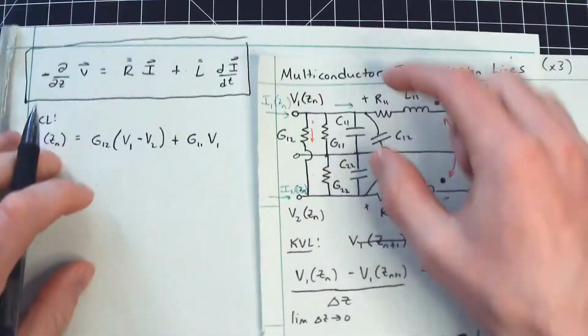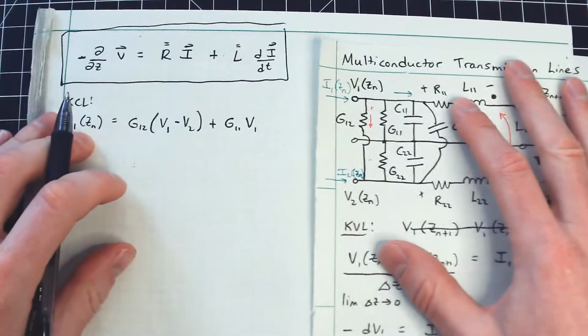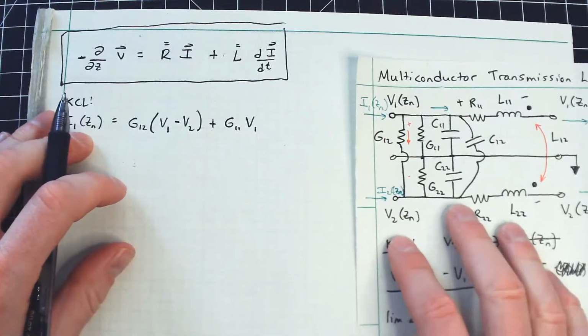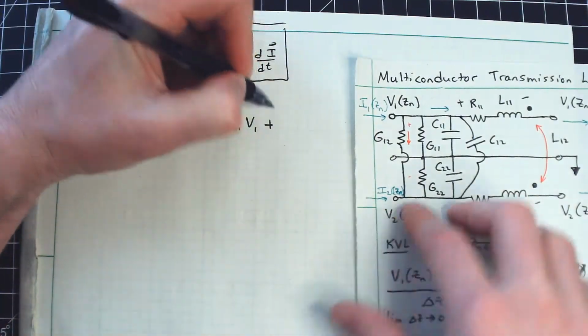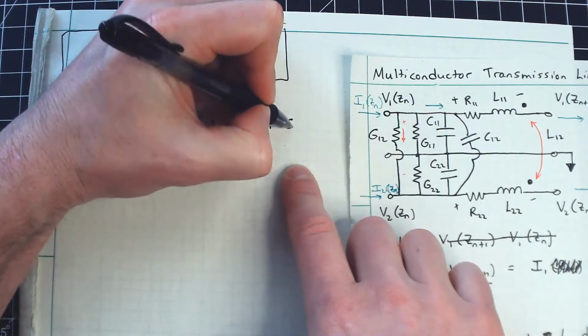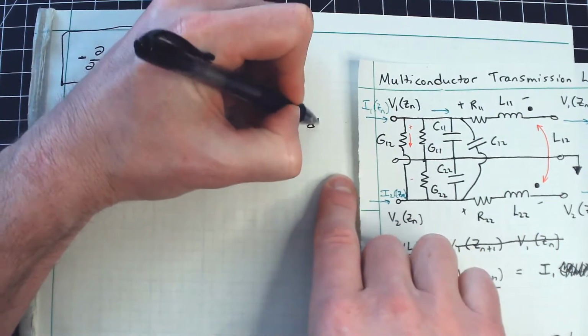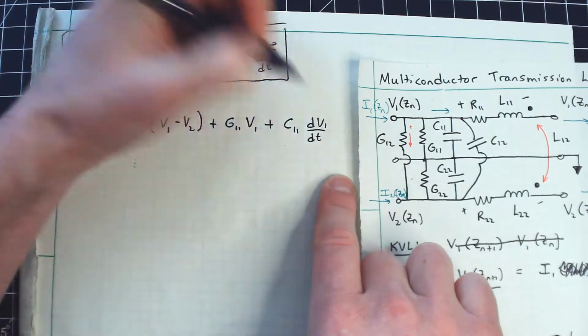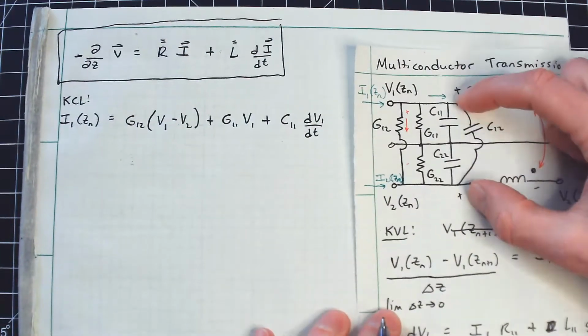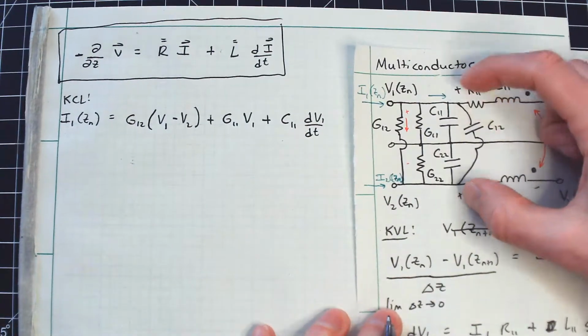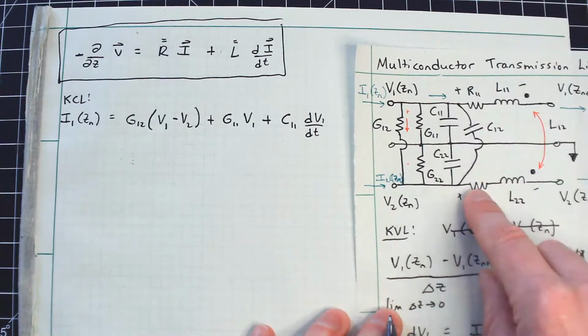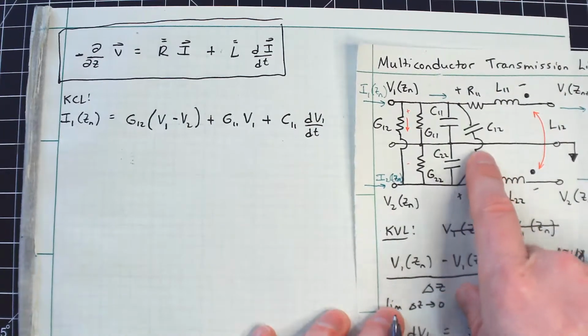And then we'll have this capacitor here. So let's see, we'll move this off to the side. And then I'll have plus C11 dV1 dt. And then the final term is going to be this guy. Well, second to last, I'm going to have a current jumping from line 1 to line 2 through this capacitance.